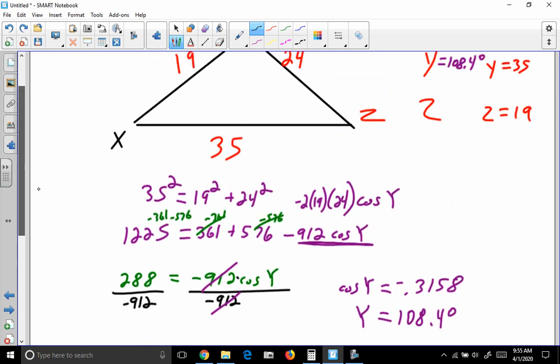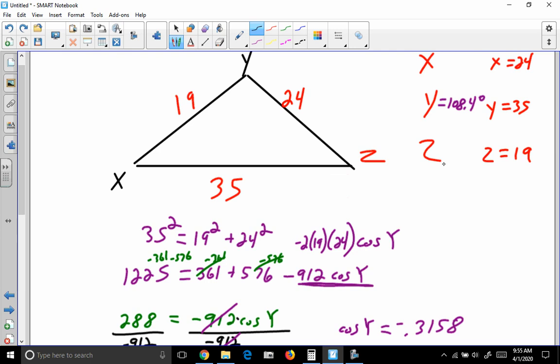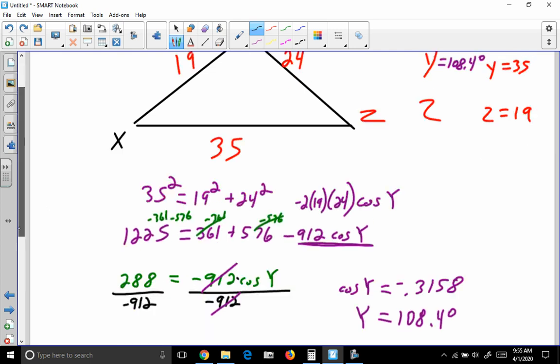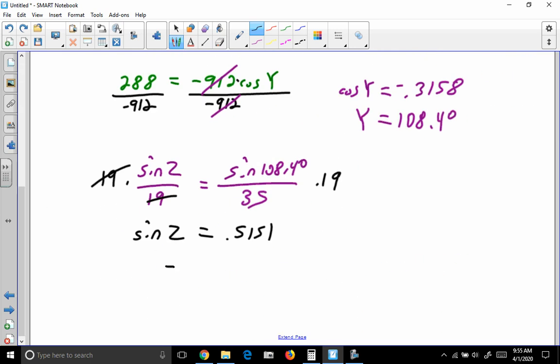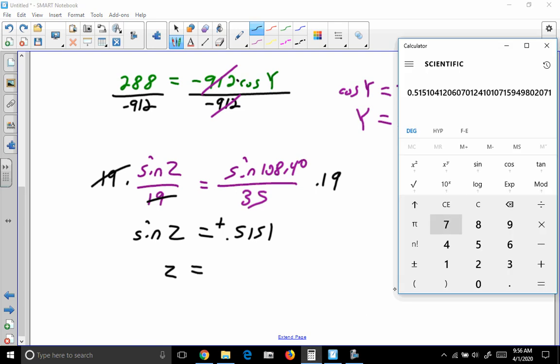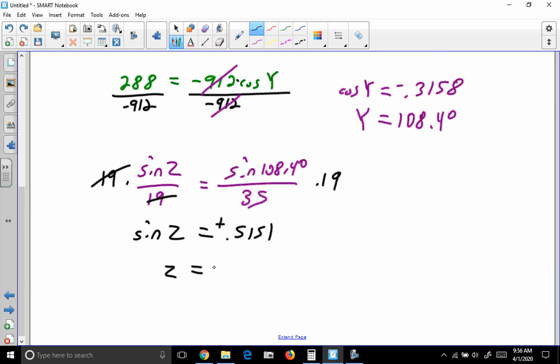Z would be the smallest angle, so it can't possibly be obtuse, even though this equation has a first and a second quadrant answer. Since we're doing sine and sine is positive in the first and second quadrants, we only need the first quadrant answer. So inverse sine gives us 31 degrees.